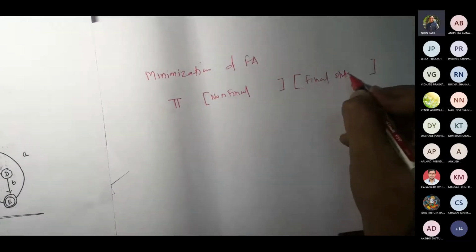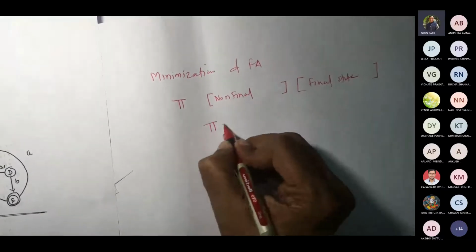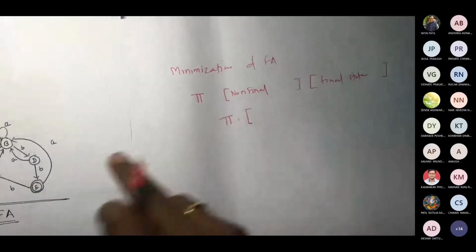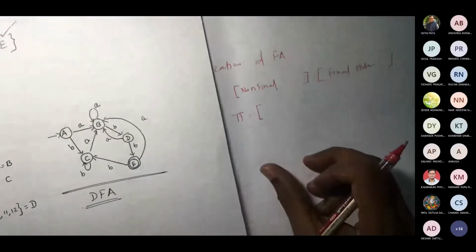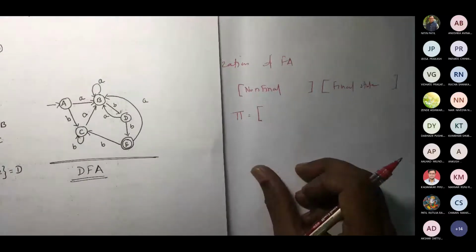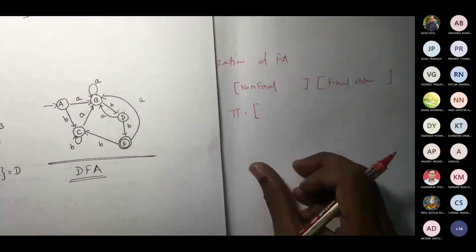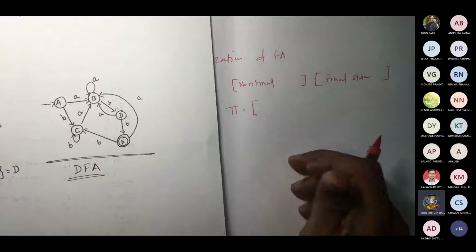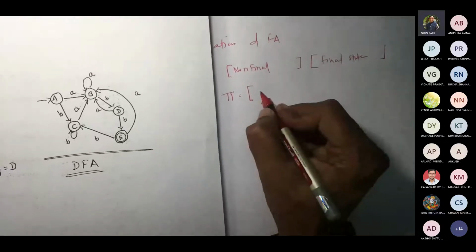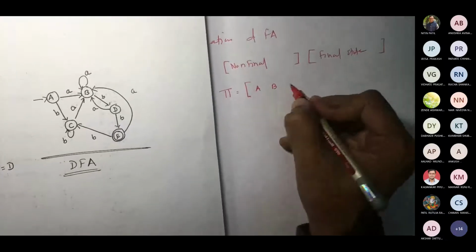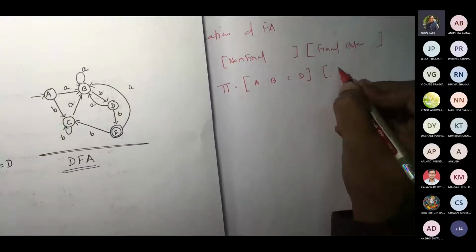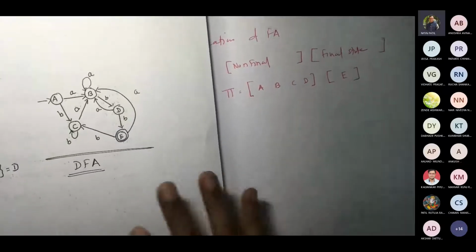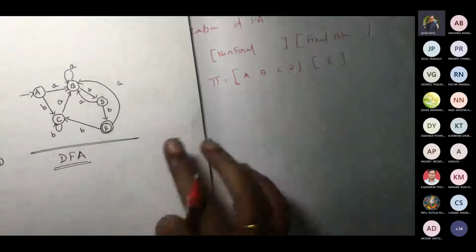So this is pi, which you get from this diagram. If you see this diagram, which of them are non-final? A, B, C and D, correct? And here we have E, the final state, correct? Am I right?